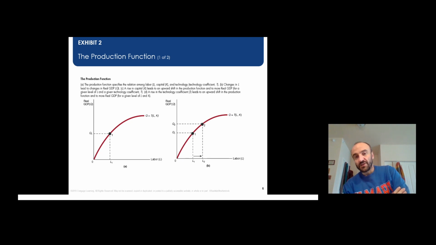I'm going to assume that intuitively you understand this. Imagine, for example, that you're a farmer who is producing wheat, and you use labor. You employ one person, and then you employ the second person, and you employ the third person, and then you employ 10 of them, and your output is going to be increasing.